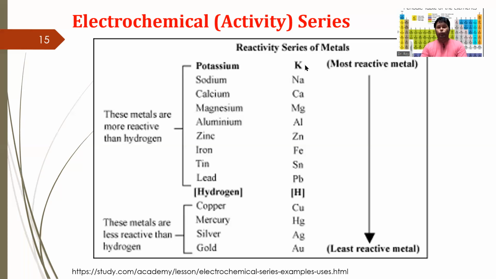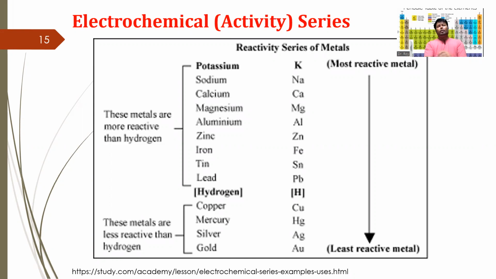But if we compare all the metals or atoms together, which one is the most powerful metal? That means which element or metal can donate electrons faster than any other element.